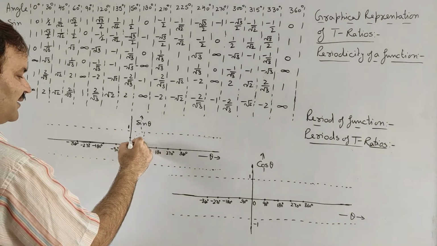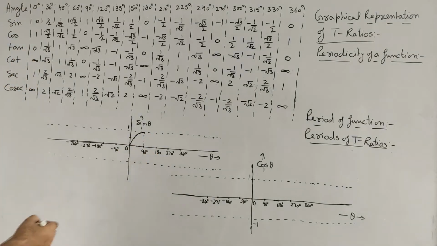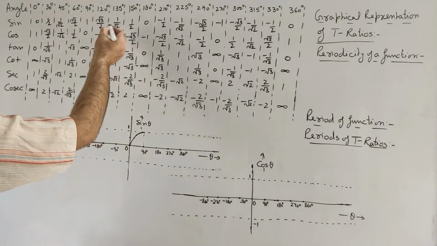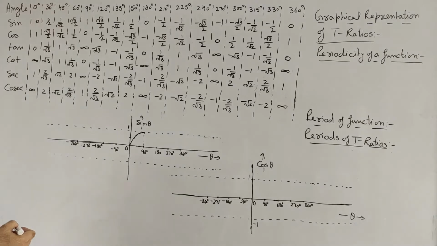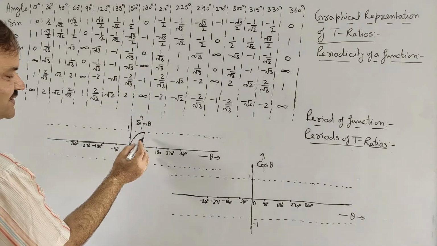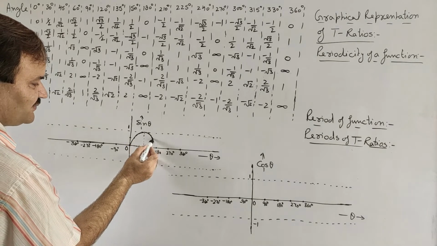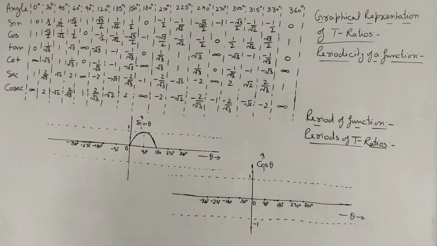So the graph will come out to be of this shape. Now from 90 to 180 degree, the values will decrease in the same manner as they had increased from 0 to 90 degree. So at 180 degree the value is coming to be 0. So the sin theta curve from 90 to 180 will be of this shape.